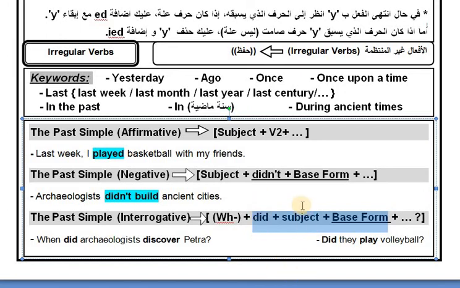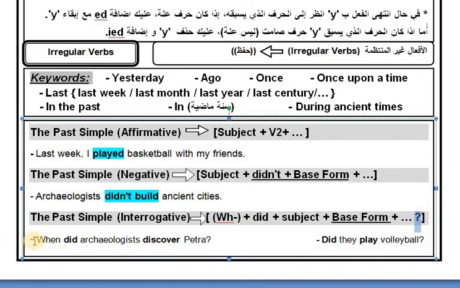Did subject base form. هيك بدي يكون عندك شكل السؤال. السؤال راح يكون مكون من did subject base form. Look here. دايما كنا نحكي ونتذكر السبجكت بالانتروجيتيف فورم، بالاستفهام السبجكت لازم يجي at the middle. So did شرطها base form. Yes. But here the subject is at the middle between them because this is a question.